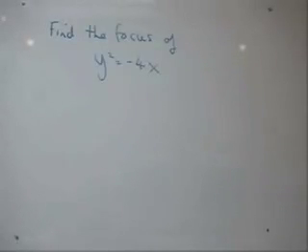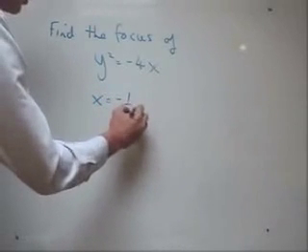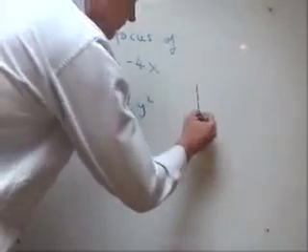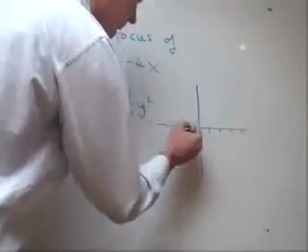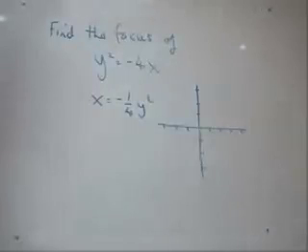So the parabola, y squared equals negative 4x. So we solve for x equals negative 1/4 y squared. Now we're going to graph it out. Always graph out your parabolas, your conics.